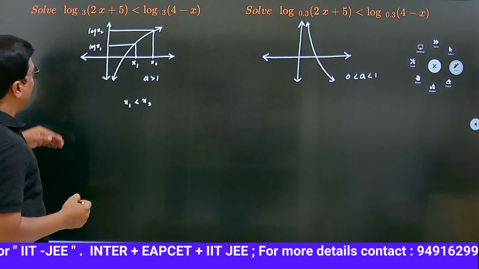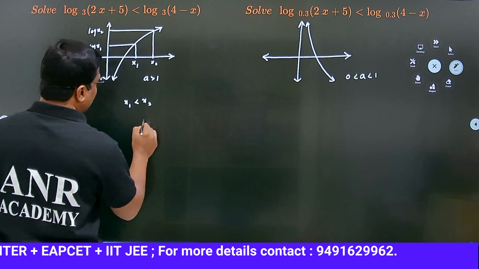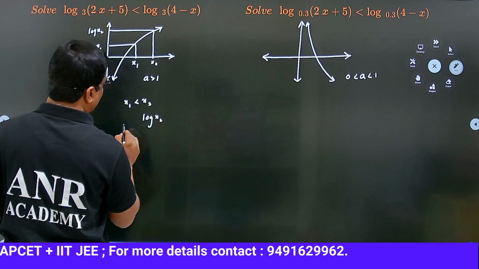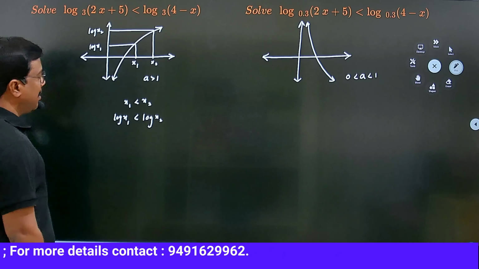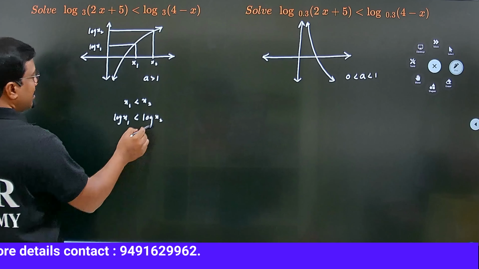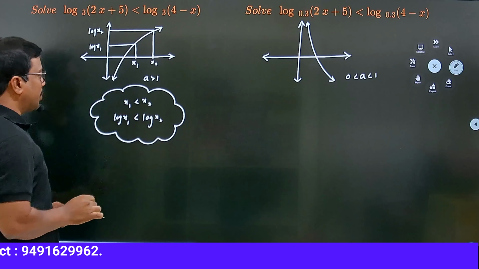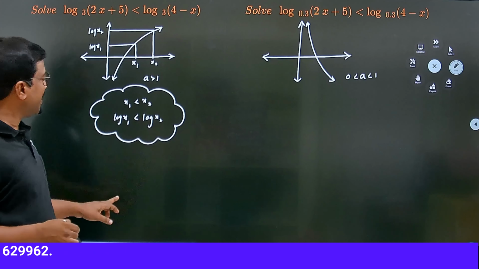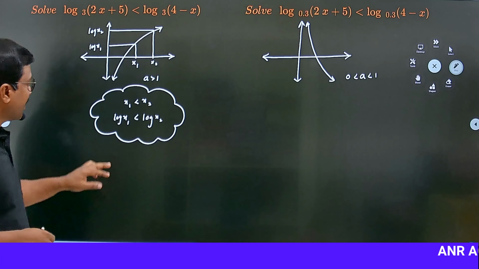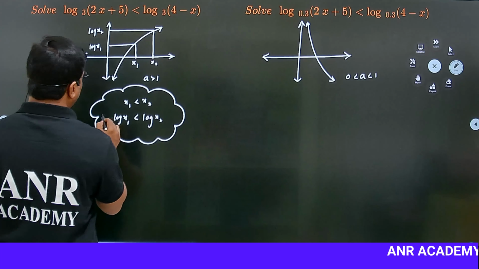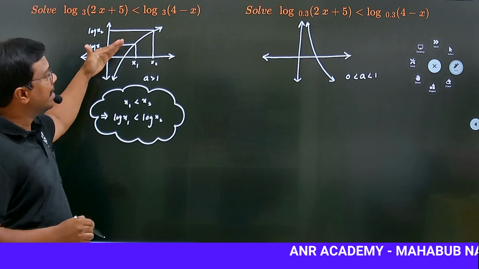Clearly log x2 is greater compared with log x1. So x1 less than x2 implies log x1 is also less than log x2. The same identical condition holds for input as well as output in case of an increasing function.